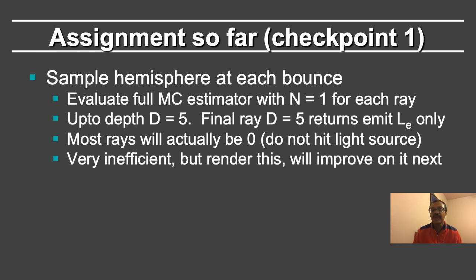The final ray, when the depth d is equal to 5, does not propagate the ray further, it returns only the emission value. Notice that most rays will actually have a contribution of 0. When I say rays, I use it interchangeably with paths because really you're sampling paths up to depth 5.